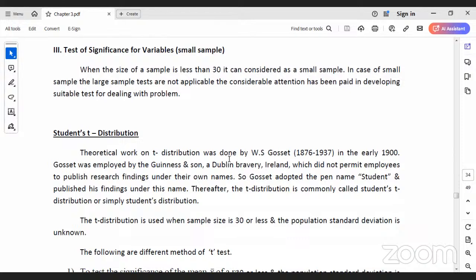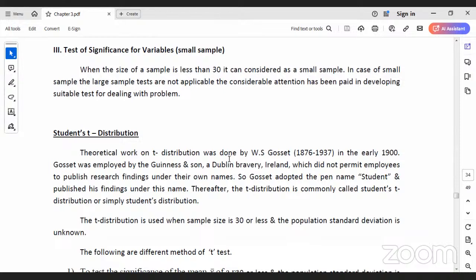So student T distribution. This method is also called student T distribution. Theoretical work on T distribution was done by W.S. Gossett, 1876 to 1937. In the early 1900s, Gossett was employed by Guinness and Son, a Dublin brewery in Ireland, which did not permit employees to publish research findings under their own names.